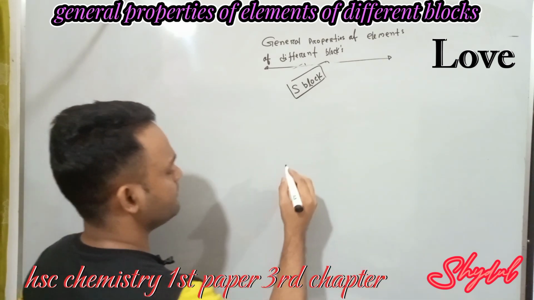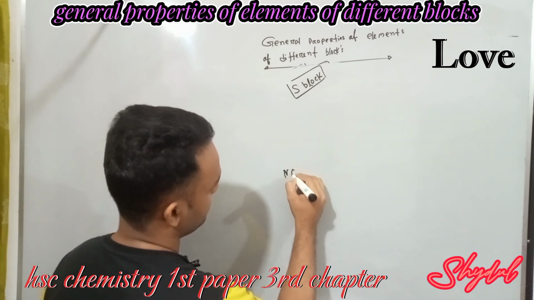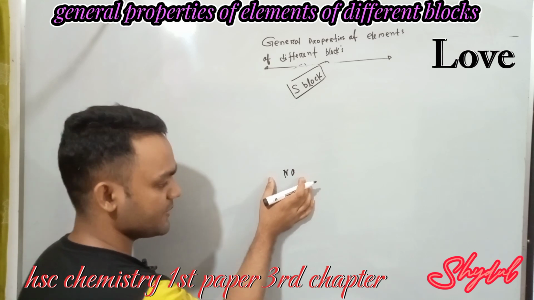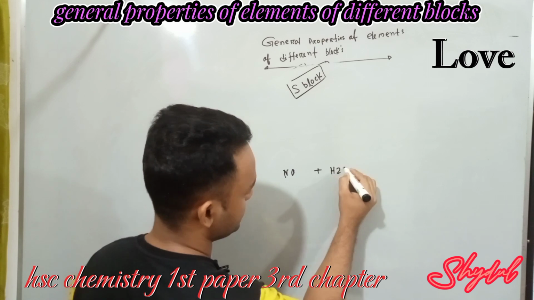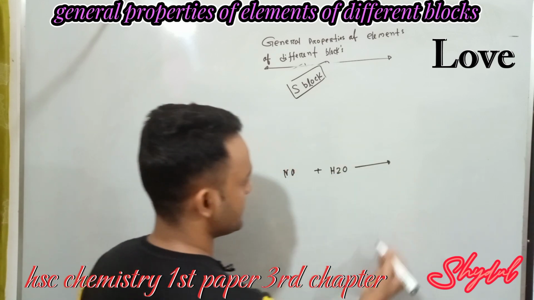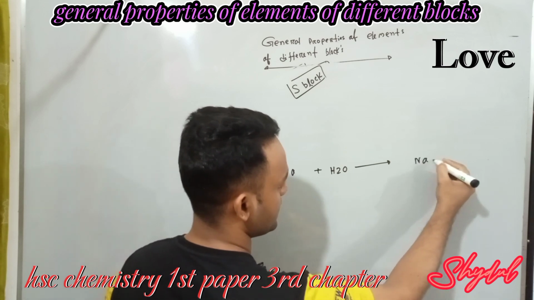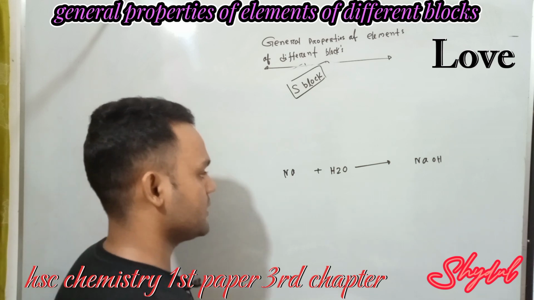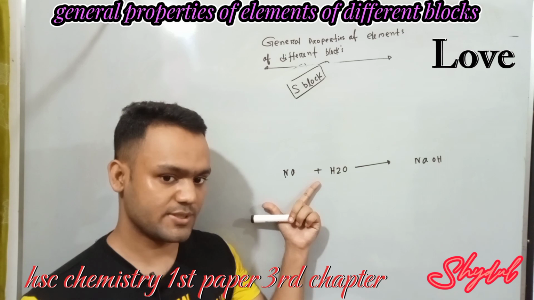For example, sodium, an alkali metal, reacts with water and creates sodium hydroxide and hydrogen.